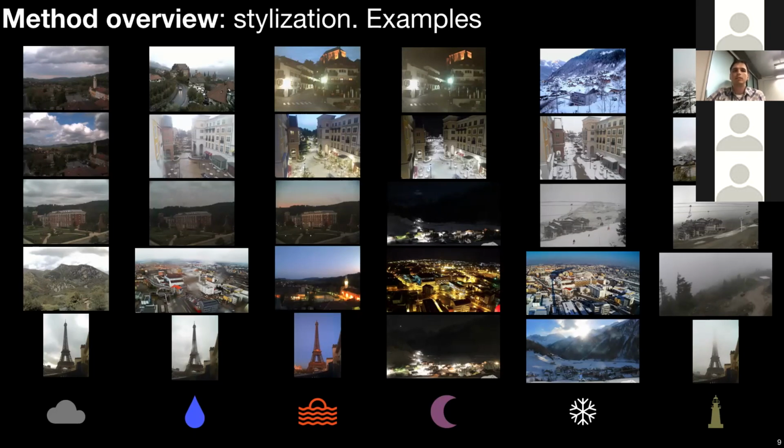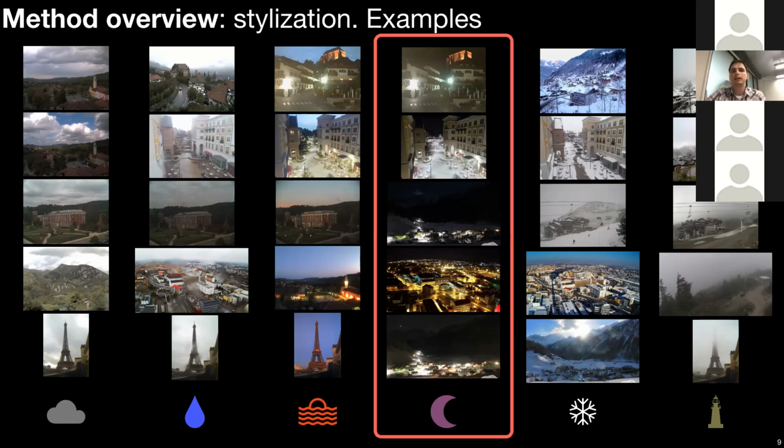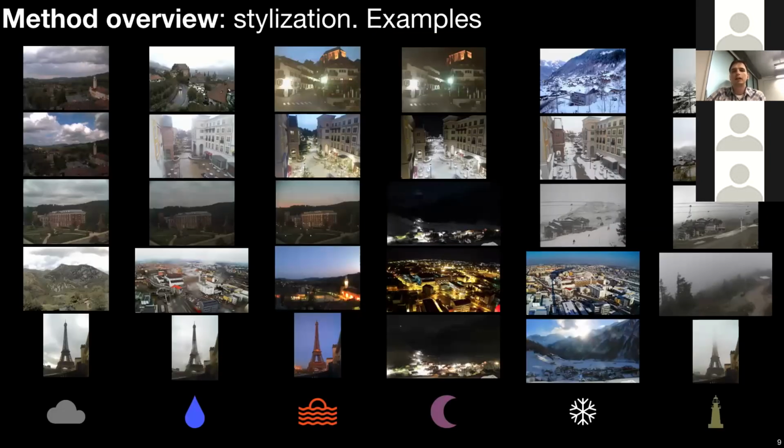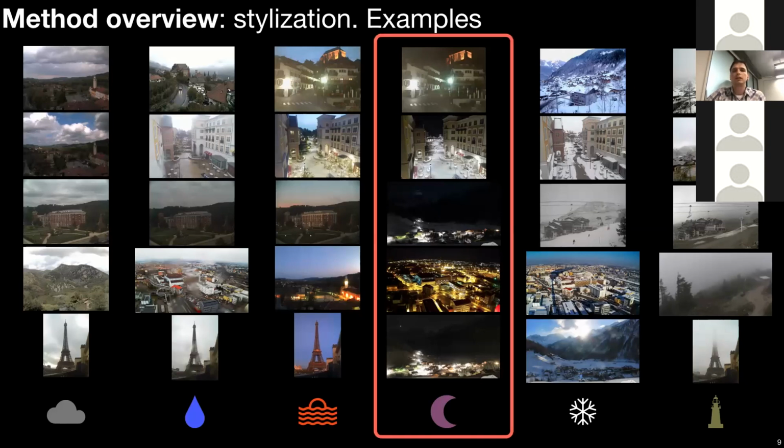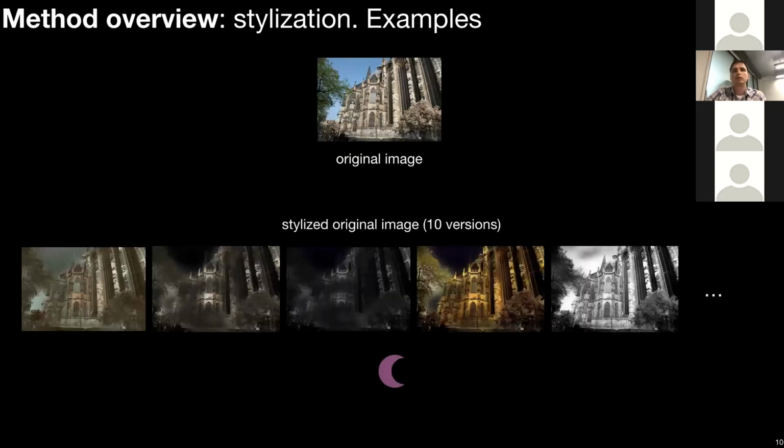As I mentioned earlier, for each style we sampled 10 images with different appearance. For example, the night style has these style examples. This allows us to generate multiple stylizations for the same image, meaning that a single day image can be stylized using 10 different night images, as it is represented here.